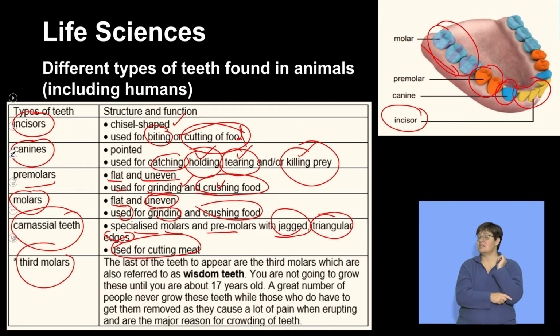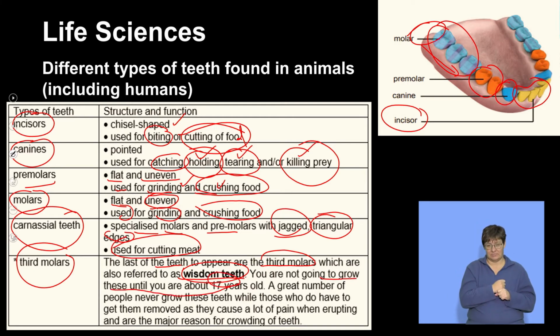And finally, we talk about your third molars, which are often referred to as your wisdom teeth. Some of us, at the age of about 16 or 17, start experiencing pain and discomfort. These are generally the teeth that grow right at the back, behind your molars. They are the last of the teeth to appear, and they generally come out when you're around 17.